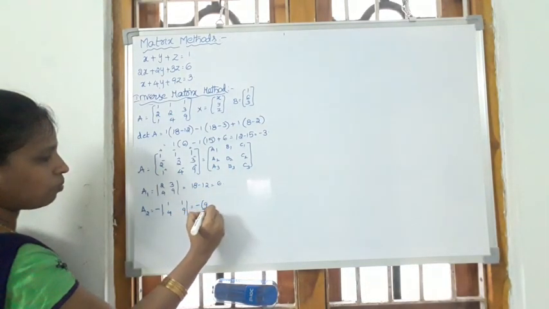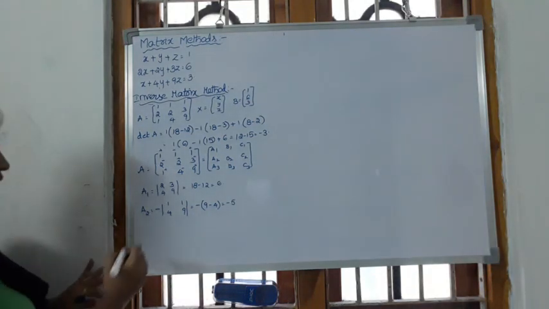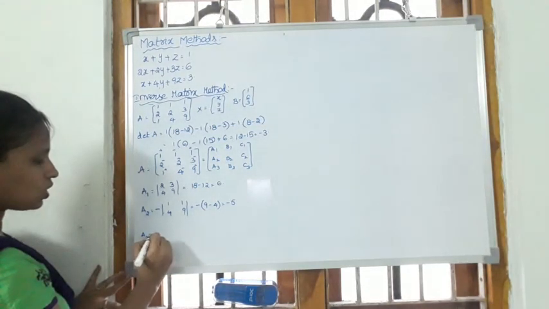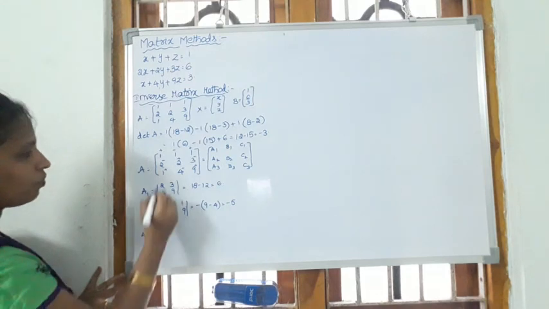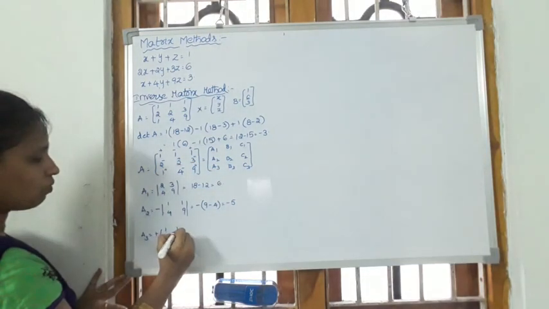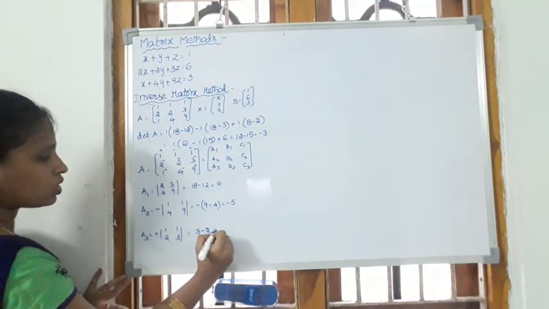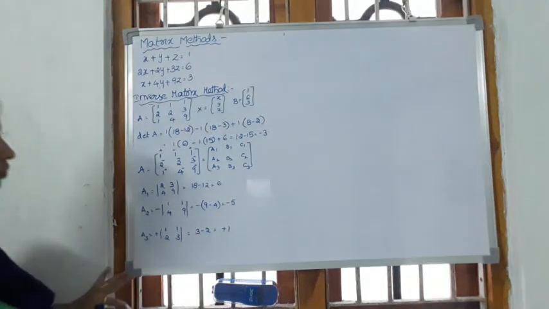Minus of 9 minus 4 is equals to minus 5. Now A3 is equals to, this is plus of, remove this row and this column, 1, 1, 2, 3. Determinant is 3 minus 2 is equals to 1.